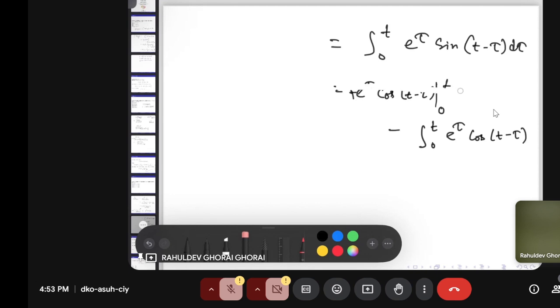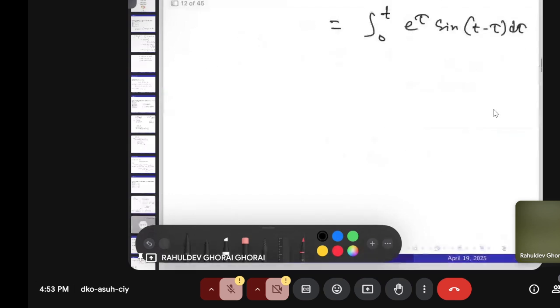Okay, so instead I will start with this one. So mainly we need to evaluate e to the power tau sine of t minus tau, right?